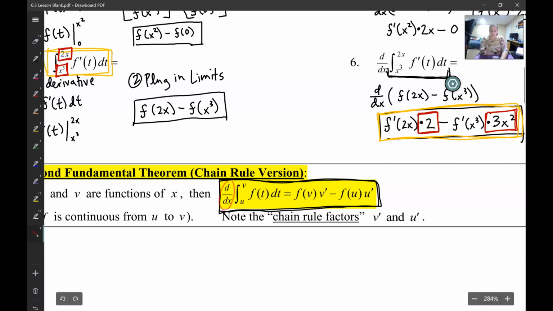If I take the derivative of a definite integral, where the limits are numbers or variables or equations of some function, I'm going to get the upper limit plugged into the function times the derivative of this upper limit, minus the lower limit plugged into the function times the derivative of the lower limit.